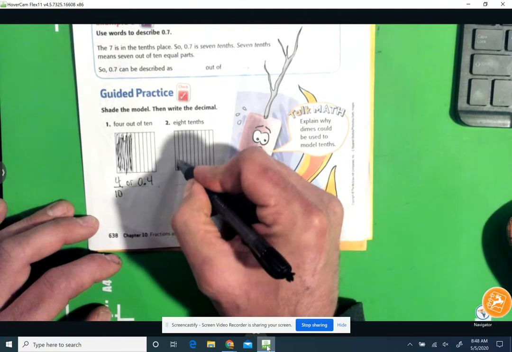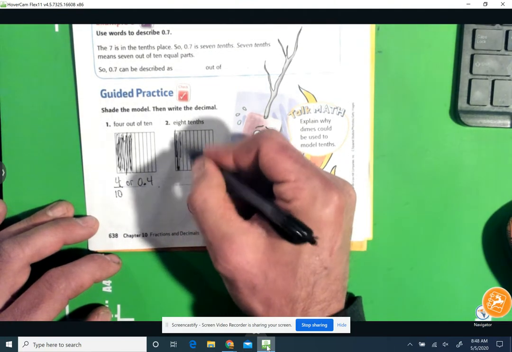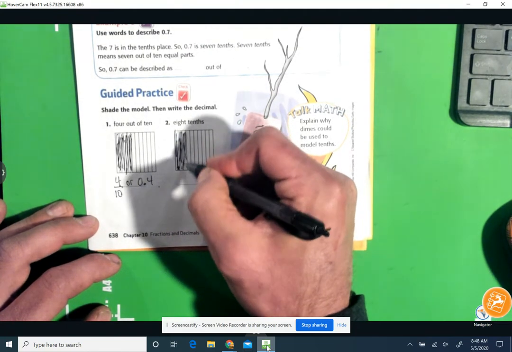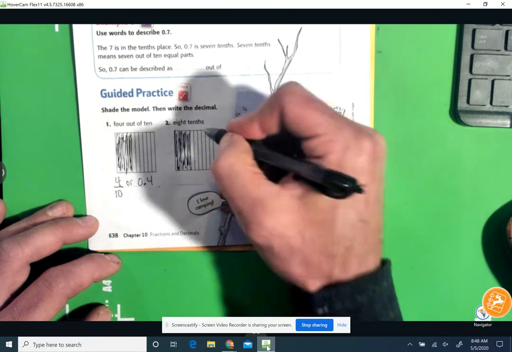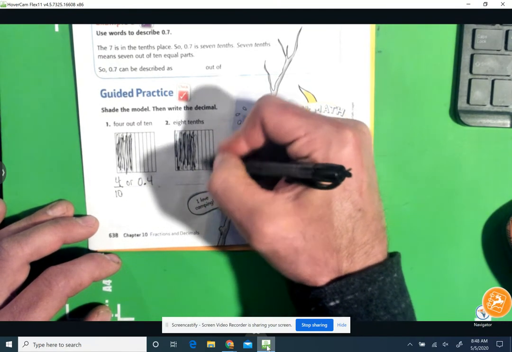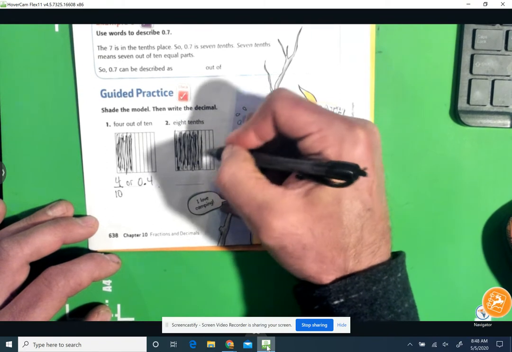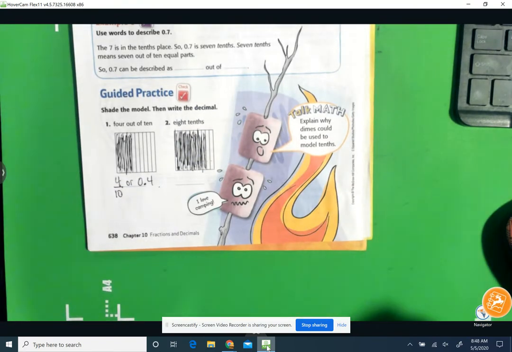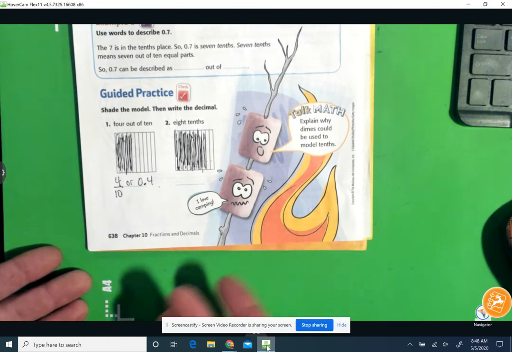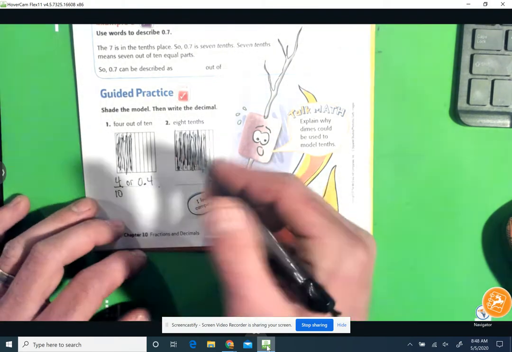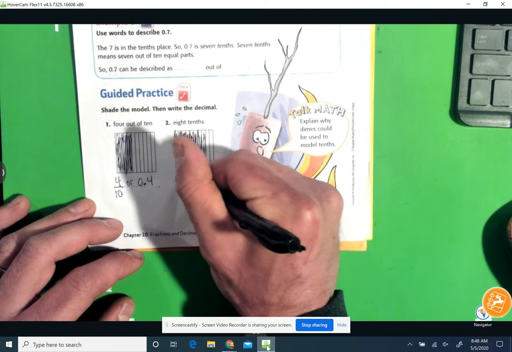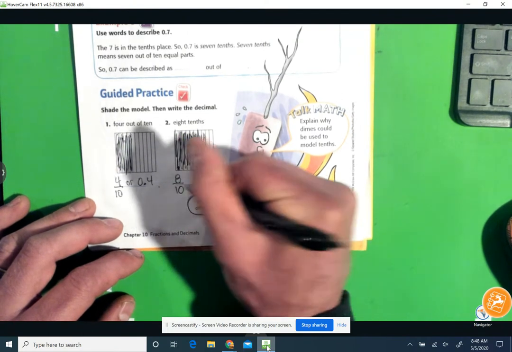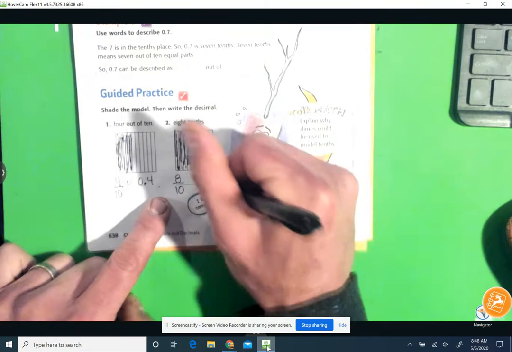We have number 2, we have 8/10. We have 1, 2, 3, 4, 5, 6, 7, and 8. I know I've colored 8 because I got 2 left. And here, again, greater than 0, but less than 1, we have 8 out of 10, or 8/10.